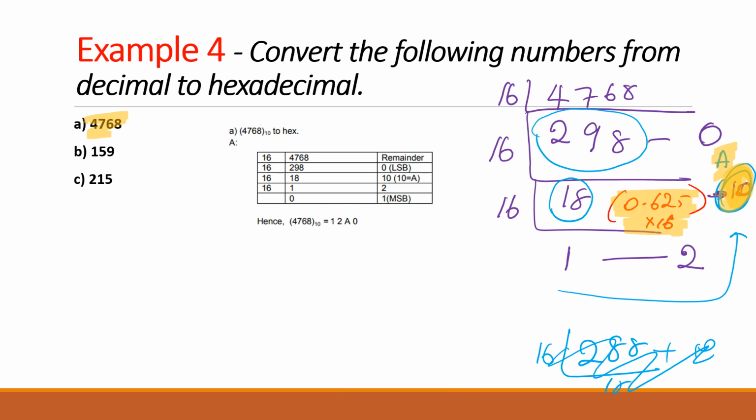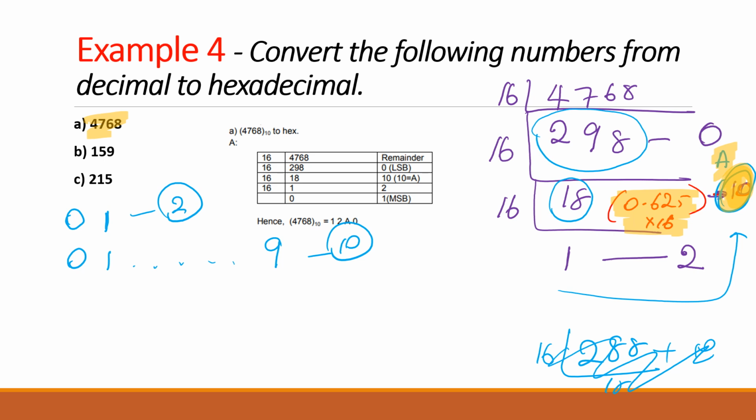We have so many number systems, but we have done binary. Binary means what? You have 0 and 1, isn't it? Only 2. And decimal means what? You have 0, 1 up to 9. So 10 digits. Here you have only 2 digits. Here you have 10 digits.